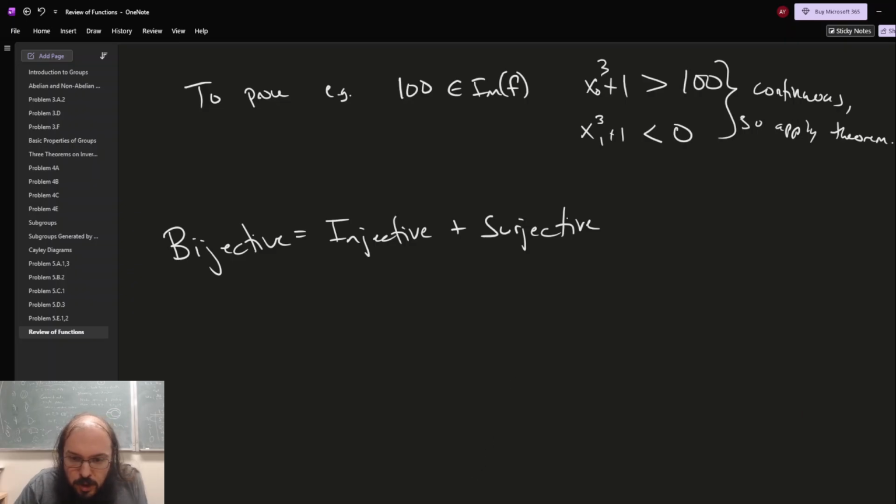And so these functions are very special because a bijective function has the property that every value is in the range, and also different points always go to different places. So in other words, a bijective function is basically a perfect one-to-one matching between the domain and the codomain. That's kind of an intuition. It's not really mathematically precise.